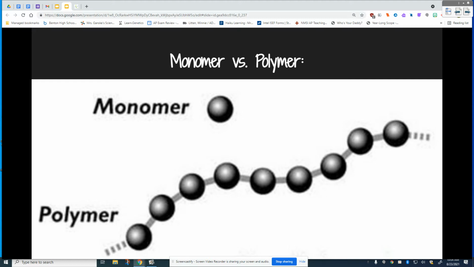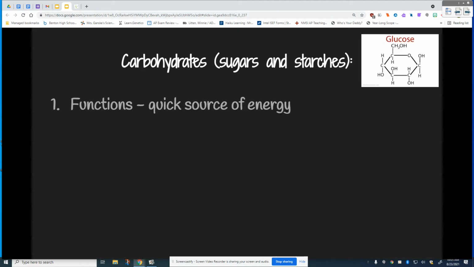Eight molecules of water, because how many monomers did we put together? Nine. So in each of these we would have formed one molecule of water as that bond formed through dehydration synthesis. If I wanted to break it down into nine separate monomers, what process would I use? Hydrolysis.